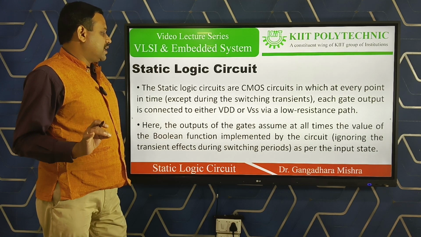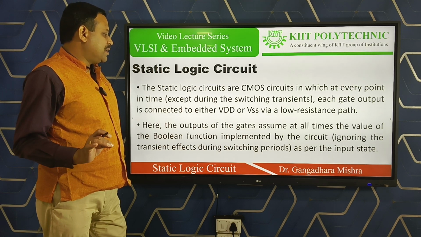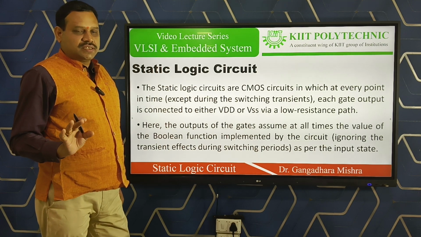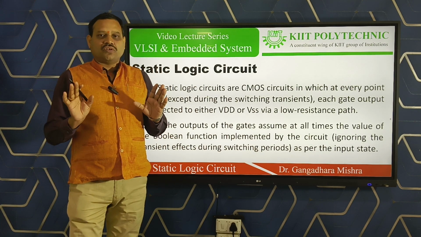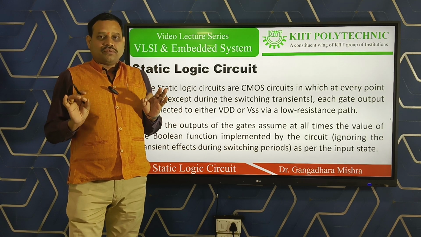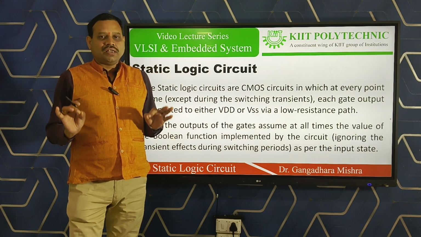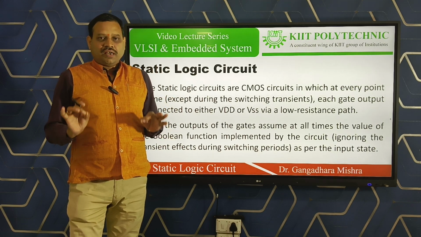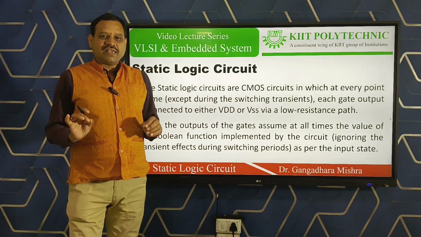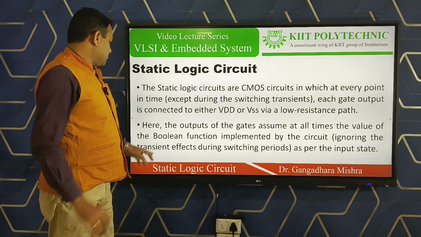Here the output of the gates assumes at all times the value of the Boolean function implemented by the circuit in accordance with the present input conditions. That is, the output is always available, irrespective of the transient condition. The output is evaluated, and once the transient phase is over, the output is stabilized at a particular state, that is logic 0 or logic 1.